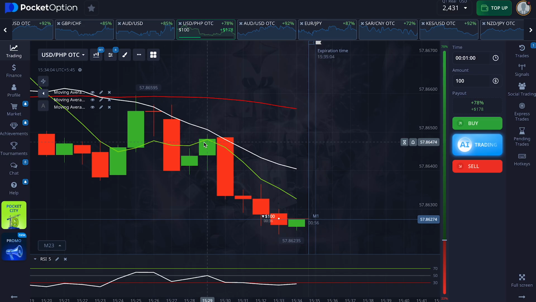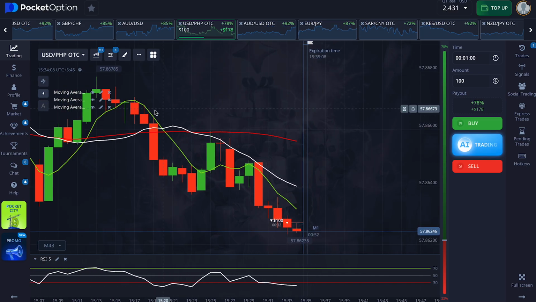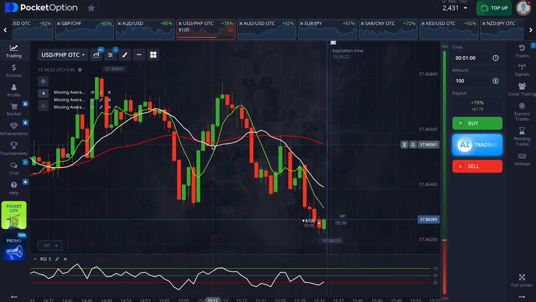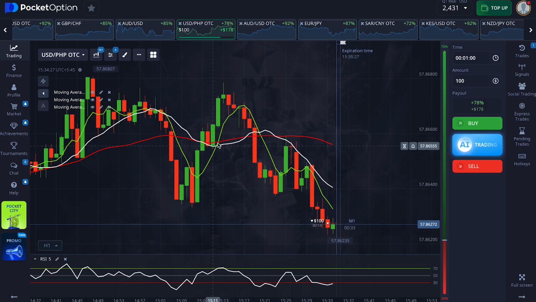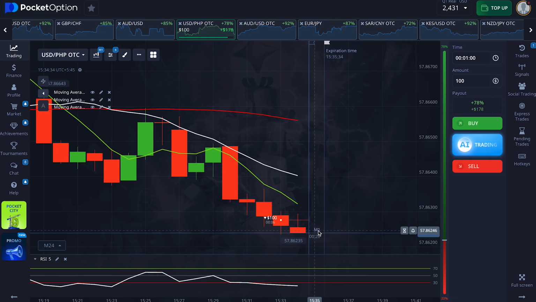And if you look back here, all of the moving average lines, white, red and green, are intersecting each other, and after that it started to follow the downtrend. And if you look at here as well, when it is intersecting here again, it started to follow the uptrend. So I think we'll make another profit here.